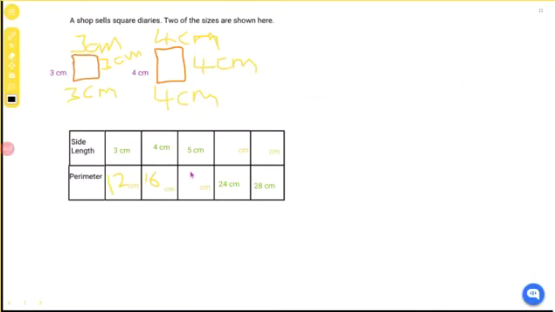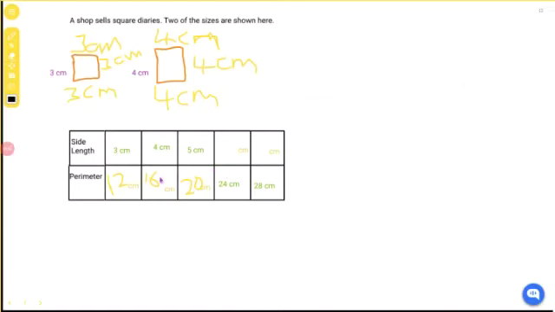So 1 times 5 is 5, well done. 2 times 5 is 10. 3 times 5 is 15. And 4 times 5 is what? 20. That's right, you've got it. Okay, right, so now look, we have all our numbers filled in for our perimeter.